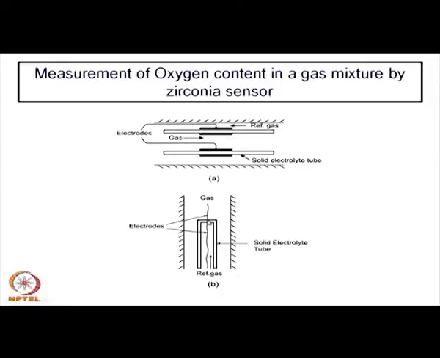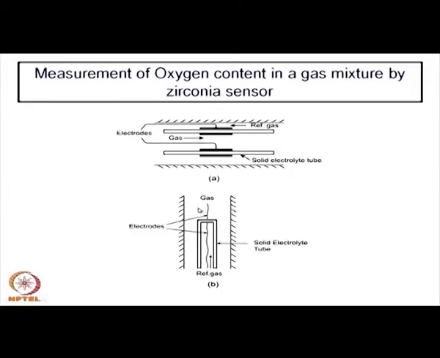So, the closed end can also be used as the electrolyte, and the partial pressure can be sensed. The only difference is the gas comes in and strikes the flat bottom or the closed end, and then goes out from the same direction, whether at the outside you have either air or a different gas.